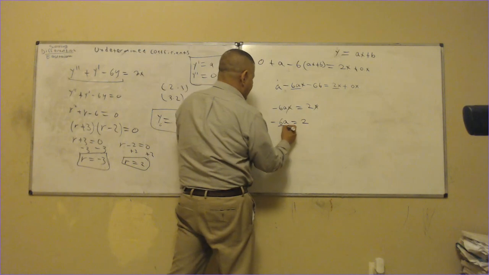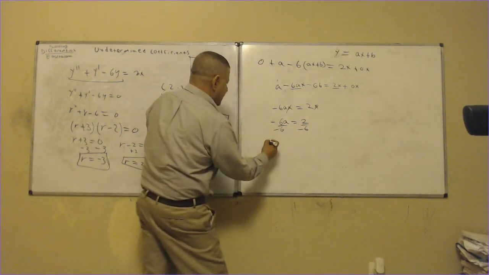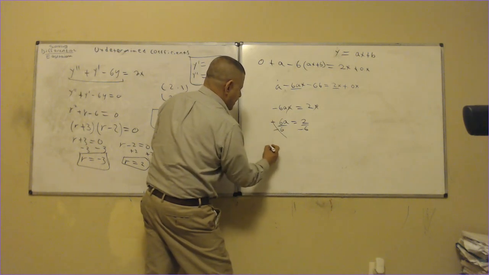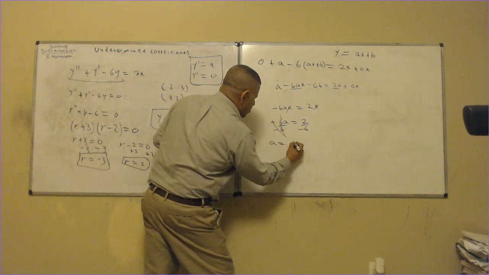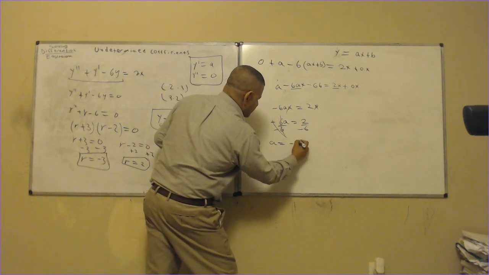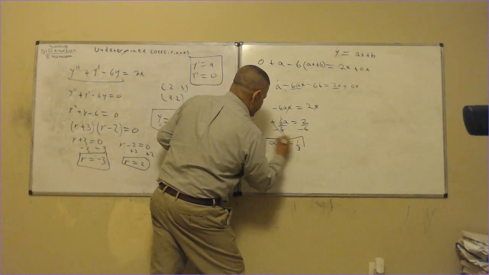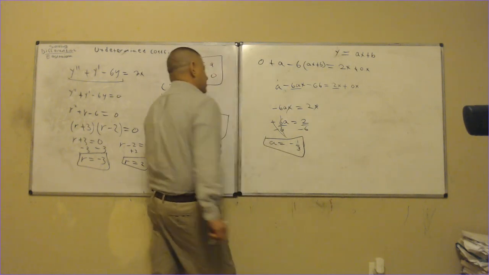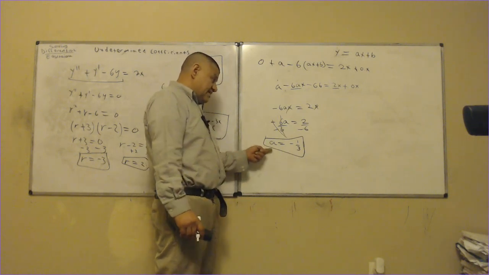Divided by 6 on both sides, and of course that is negative, and I get that a is equal to negative 1/3, okay? Negative 1/3. Now, there's my a.